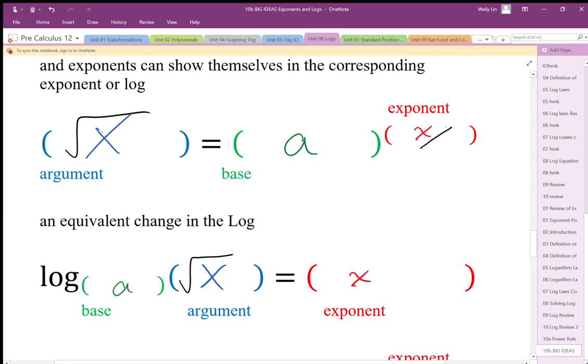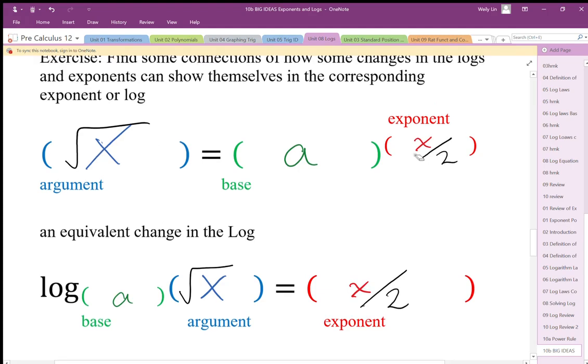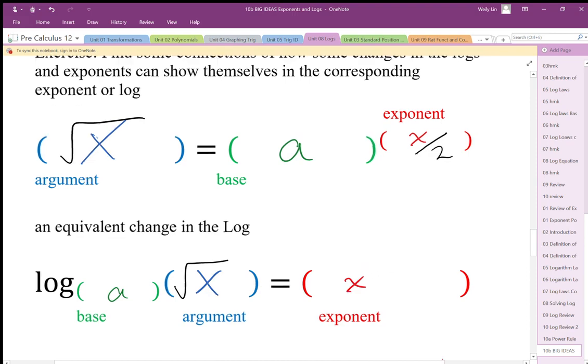Well, to balance that off, I can square root like that, and that square root on the argument can show up as a square root on the exponent. Because again, if I look at the exponential form, that square root and that square root are balanced. They're on the opposite sides of the equation, and they can balance each other off. A divide here and a divide here can show up as a square root in there. That's okay as well. But what won't work is if I did this, square root that and square root. Well, there's no equivalent to that. There's no relationship there.